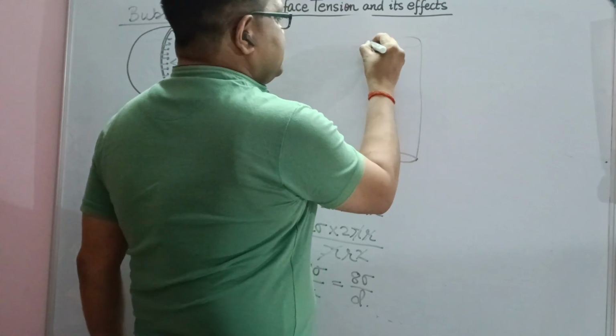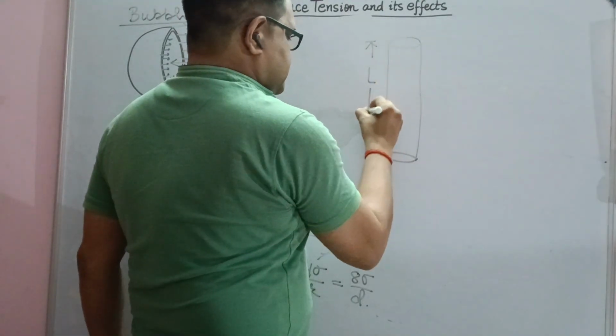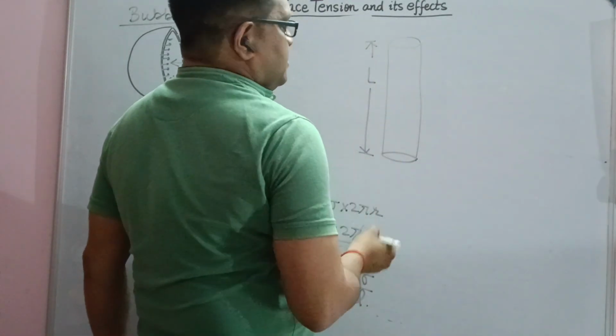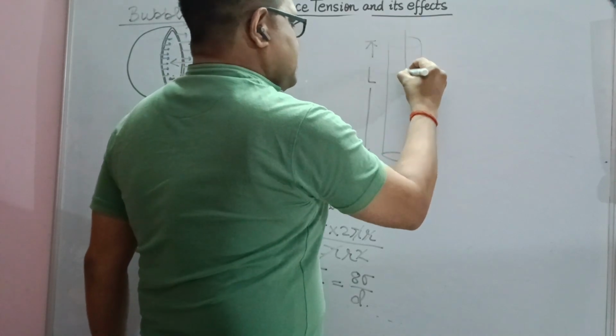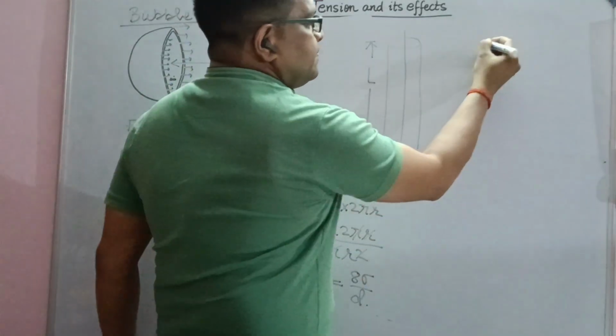Let us say that the length of this cylindrical jet is L. So again here we will divide it into two parts.